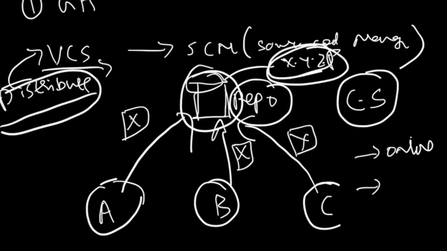So these 3 people should be connected to internet always to be able to commit the changes, or rather make the changes to the file, or take the latest changes of the file. That is one drawback in client server.